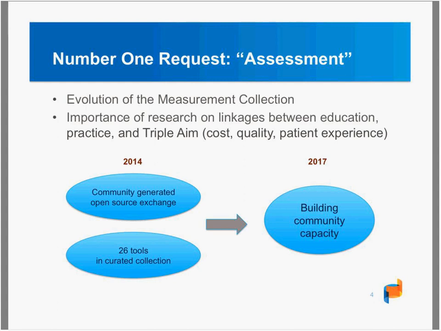In that year, in 2013, we had a parallel project where we identified and looked at measurement instruments for teams and interprofessional education. And we identified at that time 26 tools, which are in a curated collection. So 2 evaluators evaluated them, and we came out with that collection.